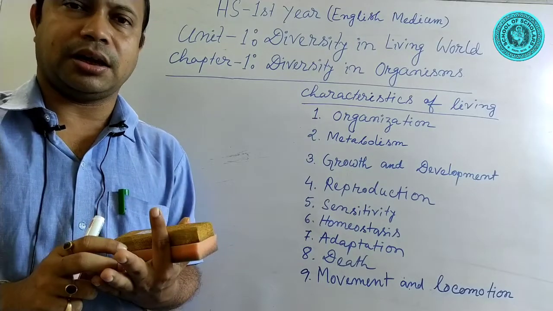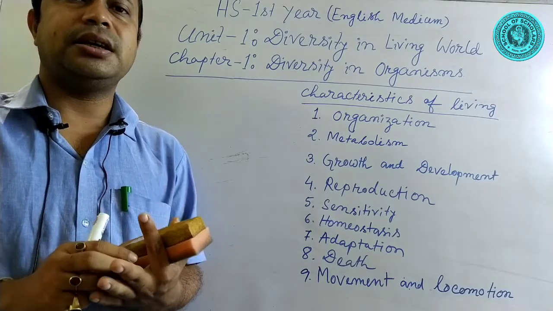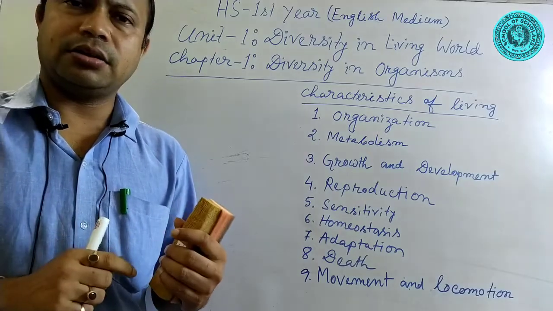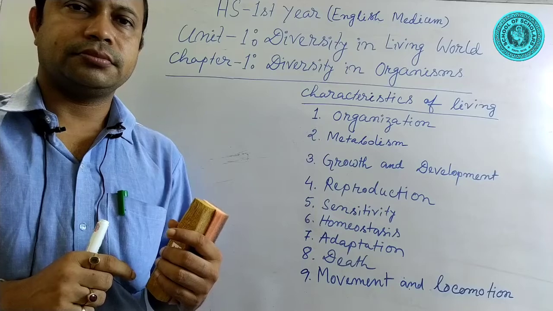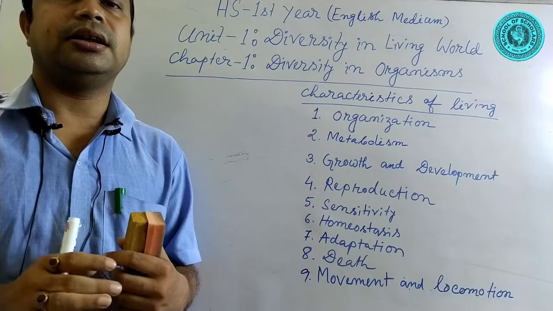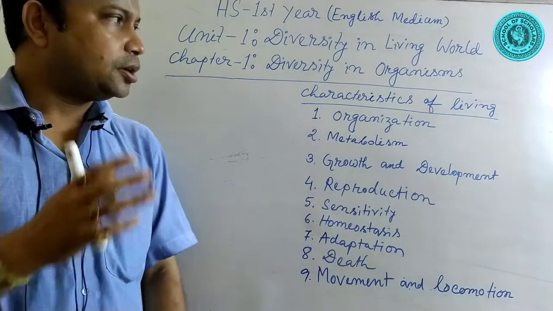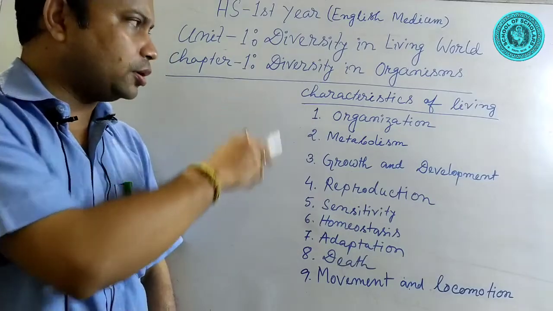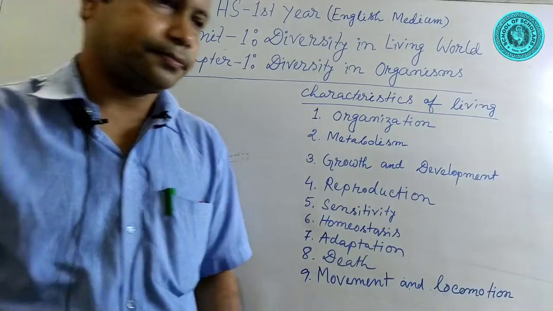Protoplasm is the living matter present in all kinds of living beings. Aristotle distinguished animals and plants as the living being. Now I am going to discuss all these characteristics of living beings.